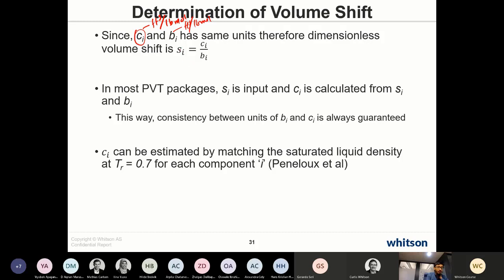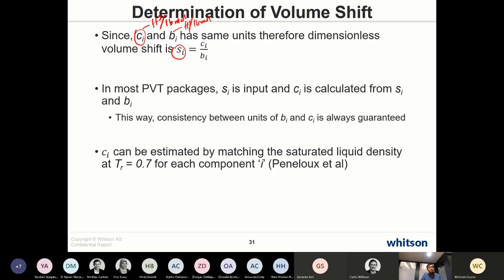Generally in the PVT packages, the form of the volume shift that is used is the ratio of the value of C versus B, and that's what we call S, and that's something we will use today in the exercise.